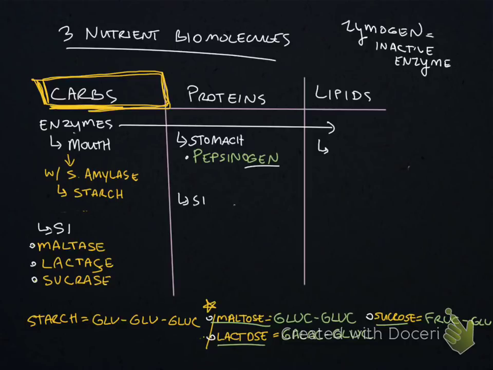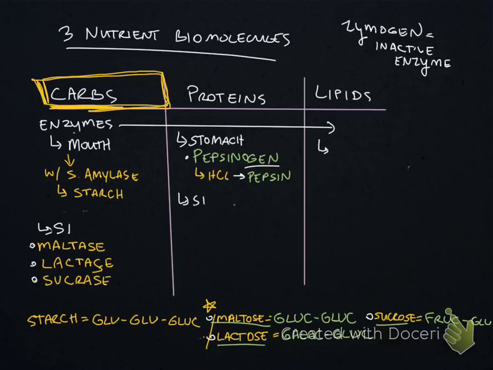Pepsinogen, since it is inactive, will need something else to make it become active. And it just so happens the stomach secretes hydrochloric acid, which activates pepsinogen into the active form pepsin, which will help digest proteins.